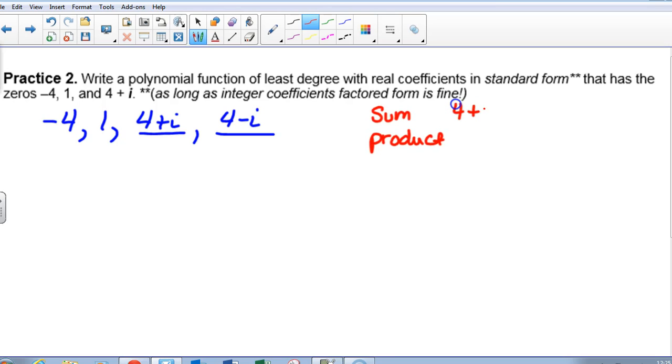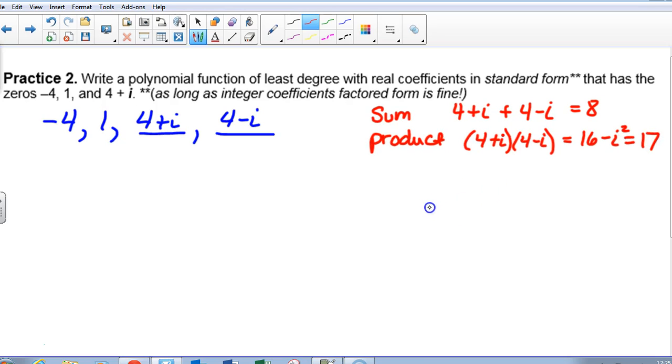What is 4 plus i plus a 4 minus i? Okay. And a 4 plus i times a 4 minus i? I got 17, yes? Okay.